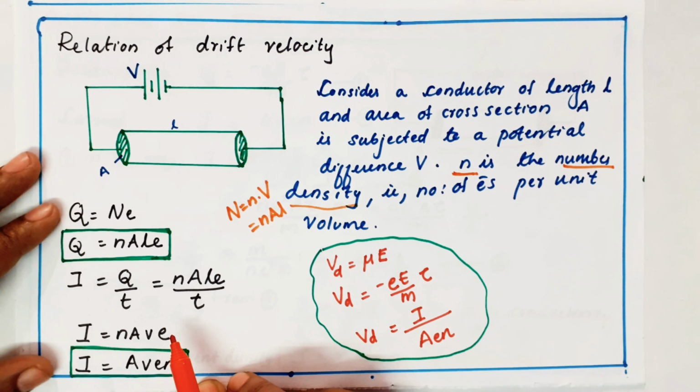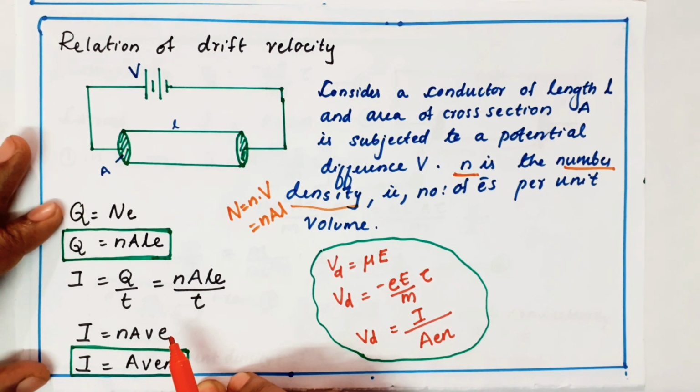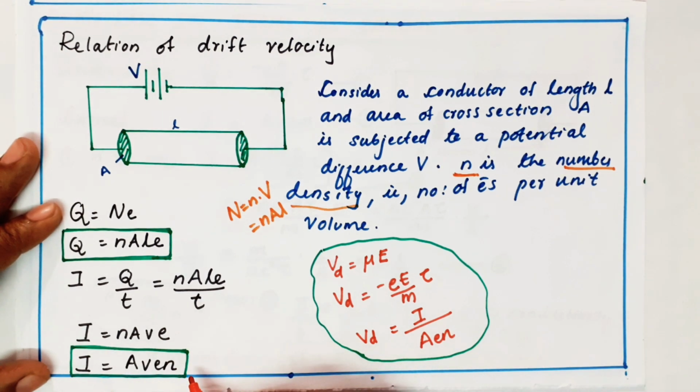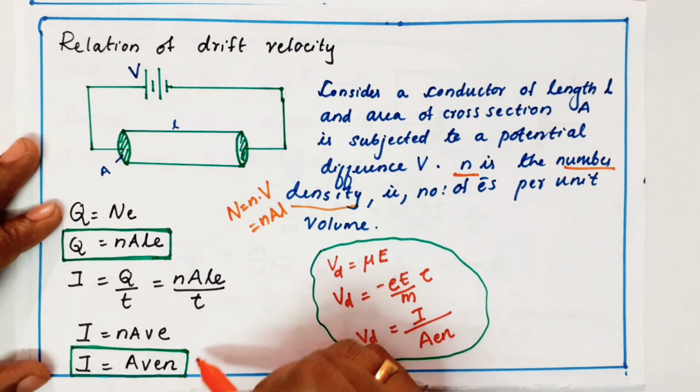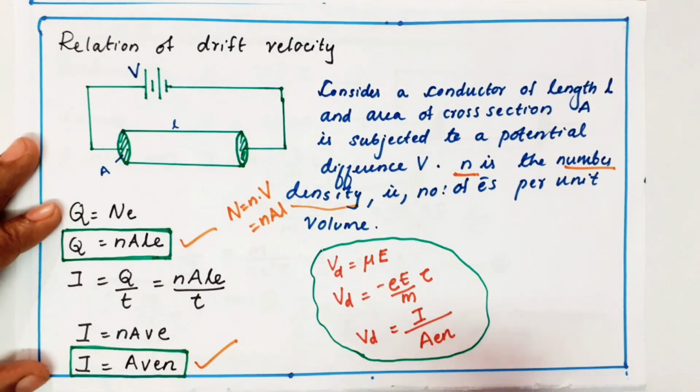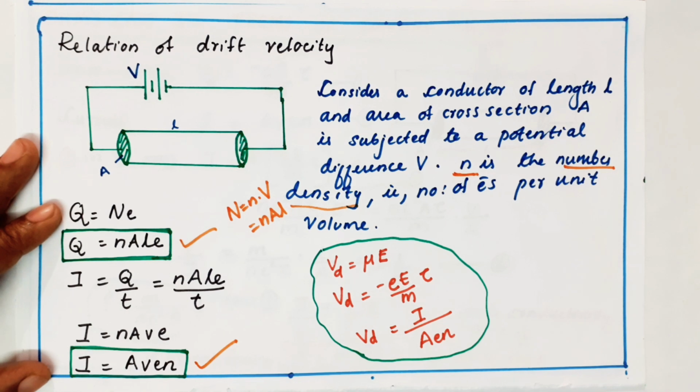You can also call it a shortcut formula for current. Current I equals nAve. So these two I told how to remember: Q equals nALe, I equals nAve.